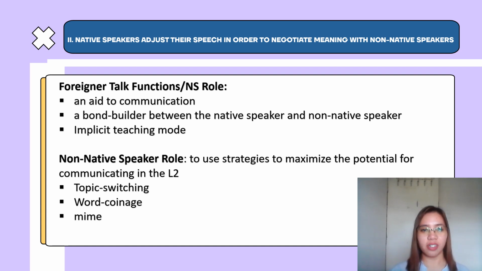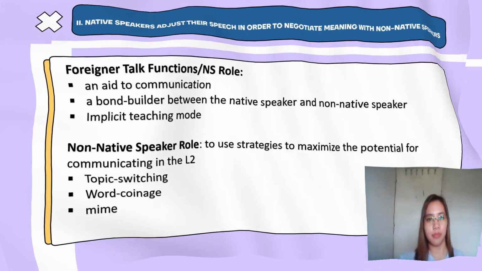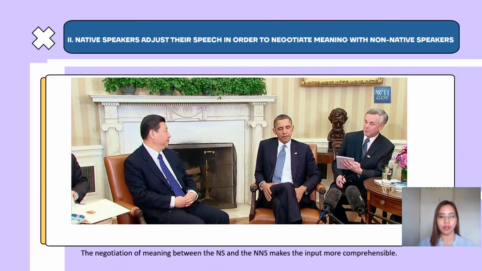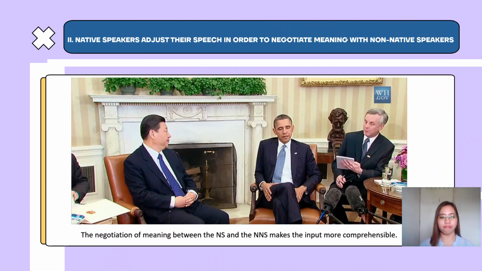Together, the native speaker and non-native speaker strive to overcome the communicative difficulties which are always likely to arise as a result of the learner's limited L2 resources. The negotiation of meaning between them makes the input more comprehensible.